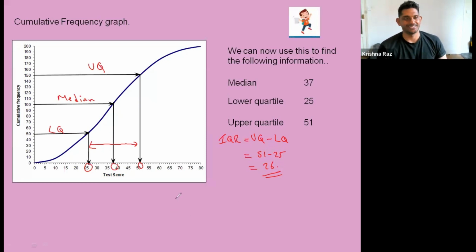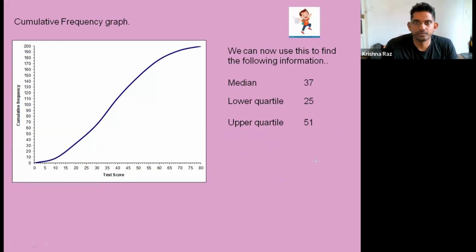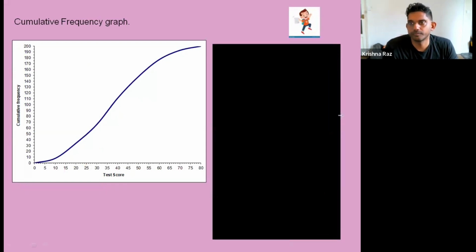So that is how we would draw a cumulative frequency graph. Yes, so the main things to realise are, let me get a little cheeky little whiteboard here. The main things to realise are: what goes on the y-axis?